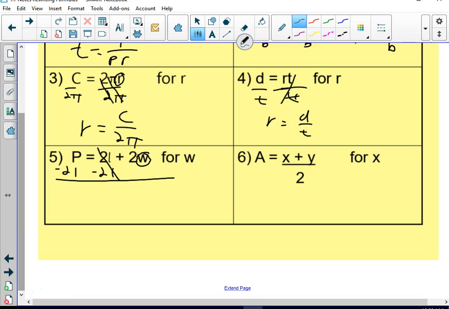Can I combine these two? No. So I just write P minus 2L. That's it. Equals 2W. Now, how do I get the W by itself? Division. Divide by 2. So W is equal to perimeter minus 2 times the length over 2.